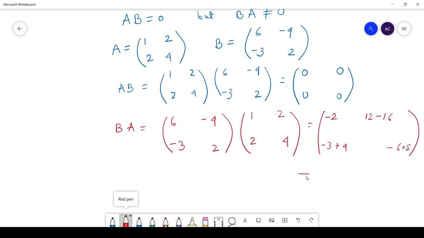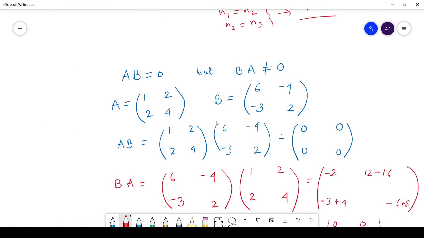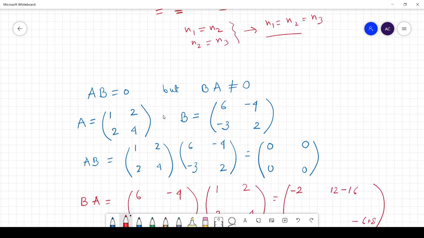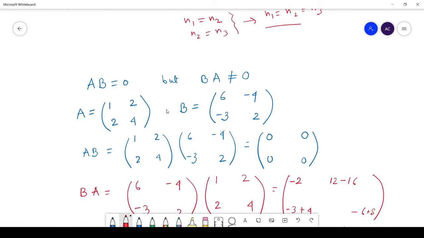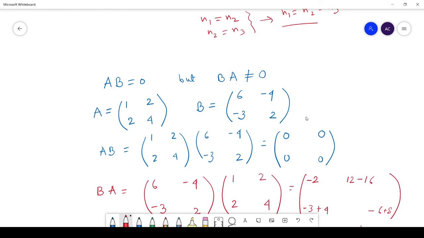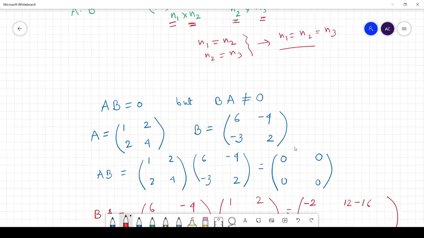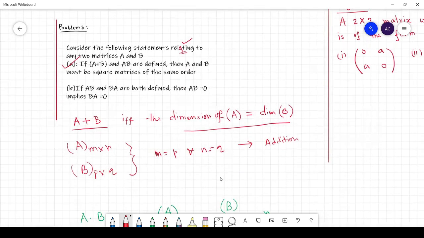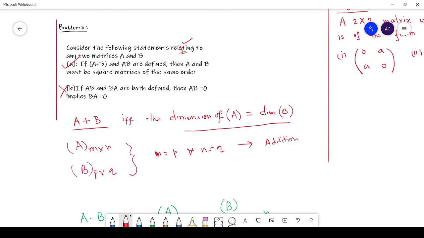So it's not equal to the zero matrix. So my friend, AB equals 0, but BA is not equal to 0. We can generate plenty of such examples, and I would suggest you generate such examples on your own so that you can understand how to generate them. So this statement is false.